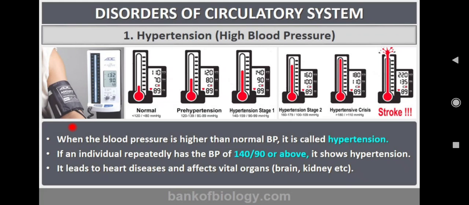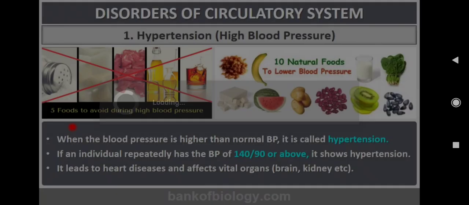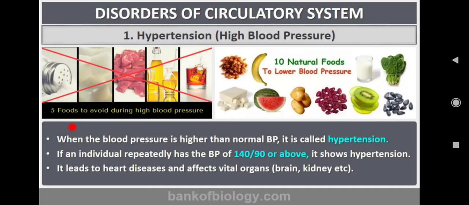But ten natural foods lower the blood pressure: banana, cheese, pulses, fibrous vegetables, milk, watermelon. All of these will lower the blood pressure. Look at the picture. So, five foods to avoid during high blood pressure and ten natural foods to lower blood pressure.